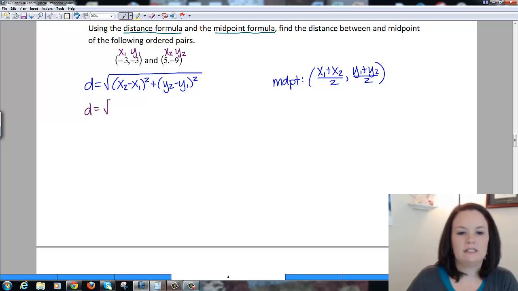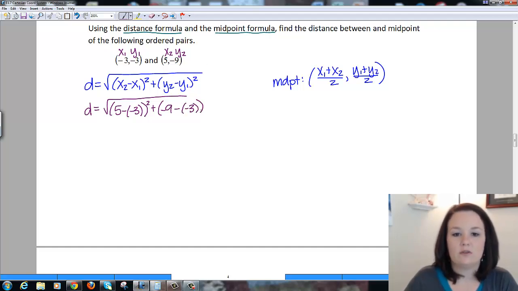So that means our distance is equal to the square root of our second x value, which here is 5, minus my first x value, which is -3, squared, plus my second y value, which is -9, minus my first y value, which is -3. Okay, and then I'm just going to simplify.